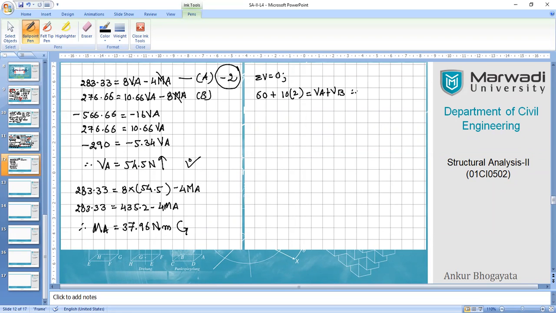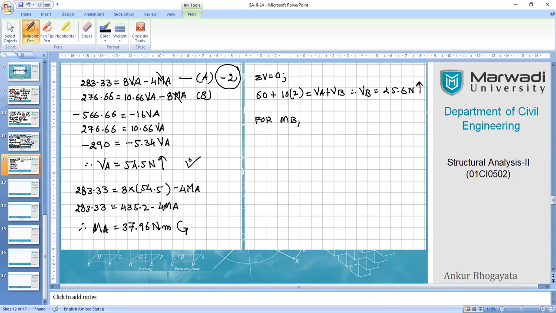So can we have VB out of this? So it is 80 total, right? So 80 minus 54.5 gives you 25.6. So VB is 25.6 Newton upwards.